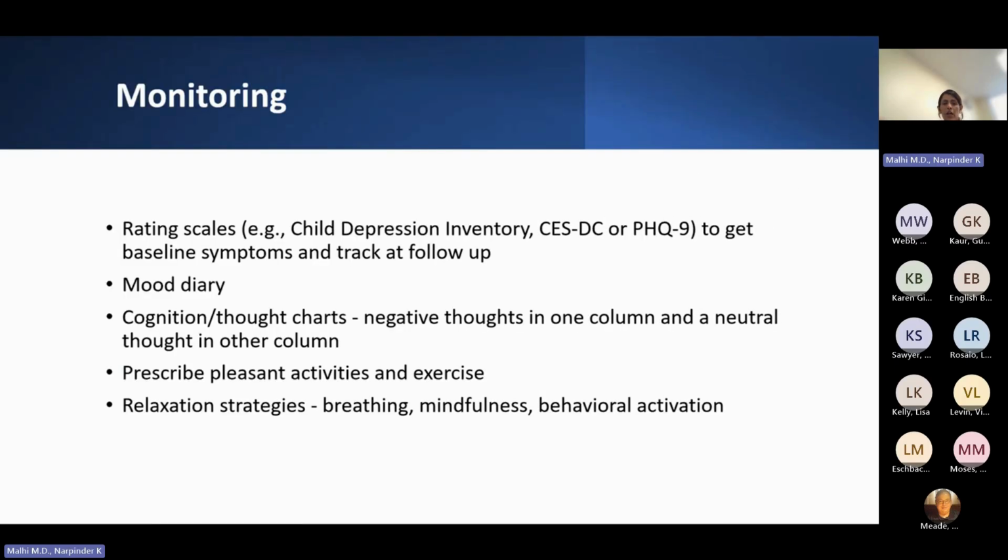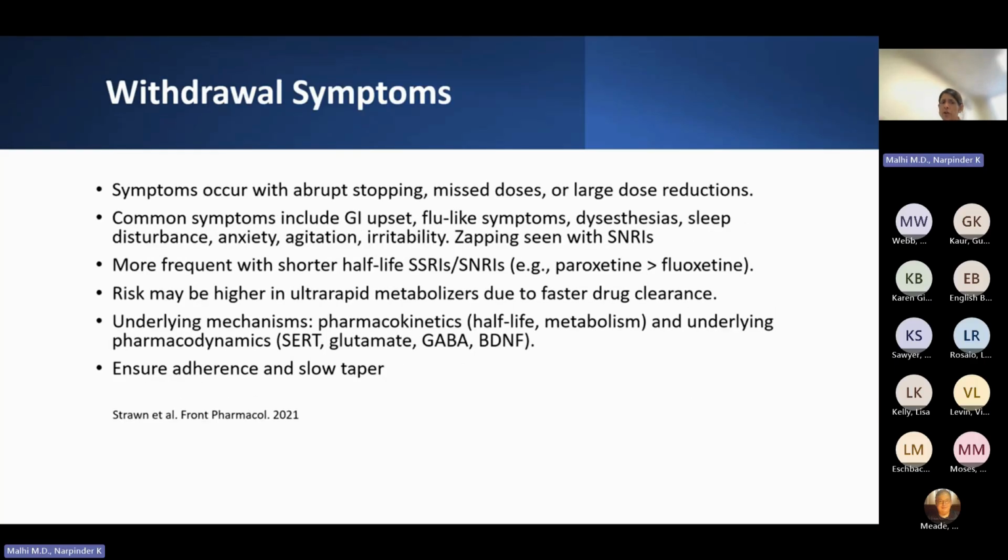So for monitoring, in our clinic we do regular monthly appointments to make sure that we track the symptoms over a period of time and make adjustments in the medications based on the response. And withdrawal symptoms are really important. Some of these SSRIs have a lower half-life that increases the risk for withdrawal symptoms, such as venlafaxine.